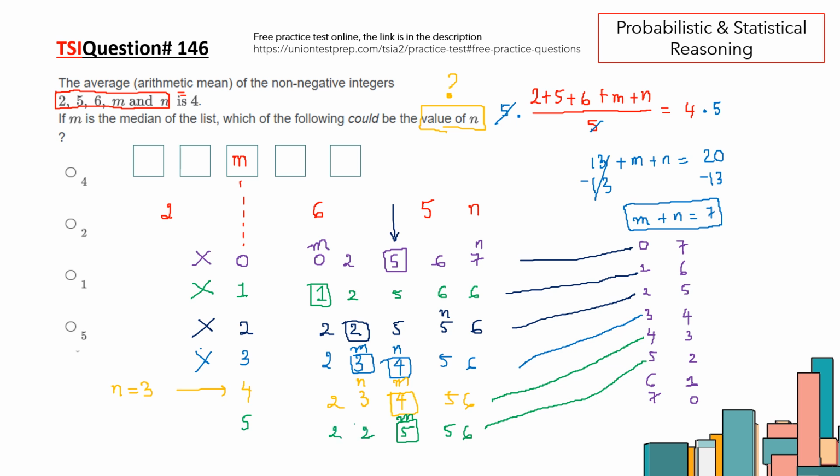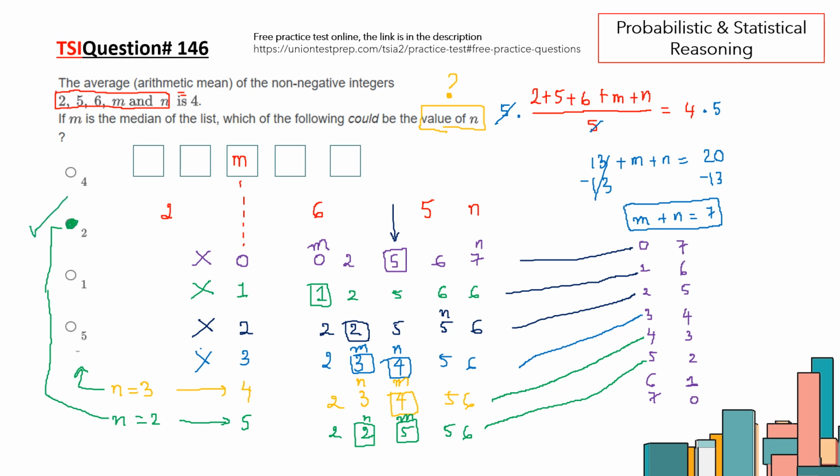So n will be here. This one is correct: when m equals 5, then n is equal to 2. And this one is in the answer choices, so 2 is the correct answer.